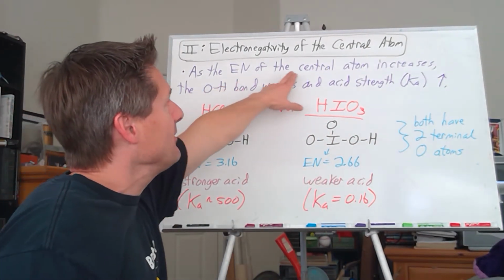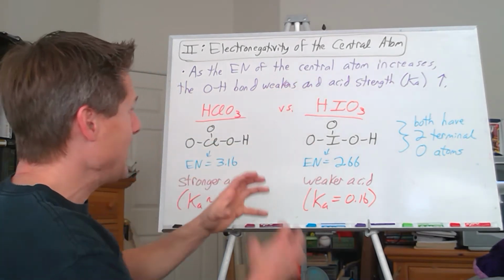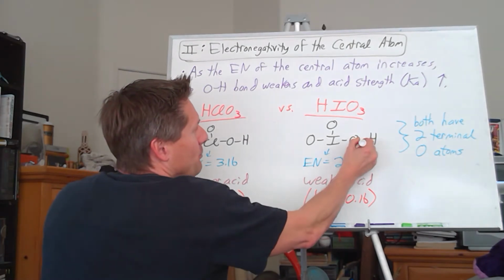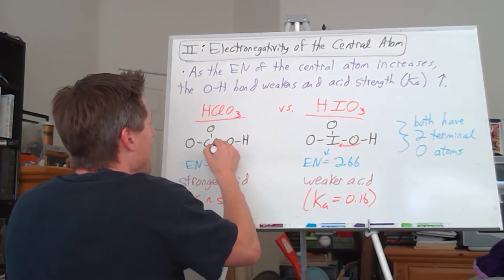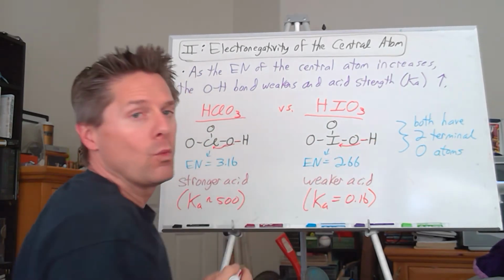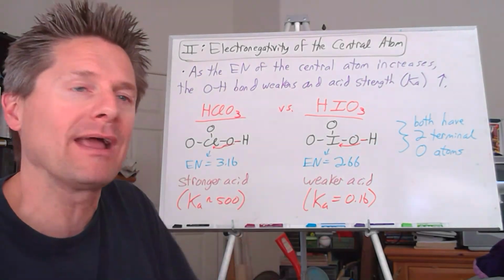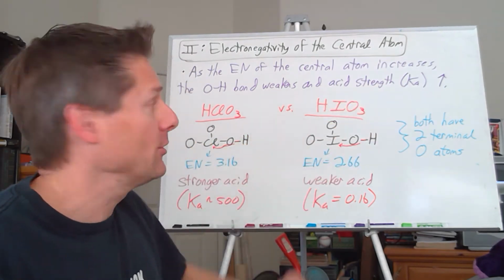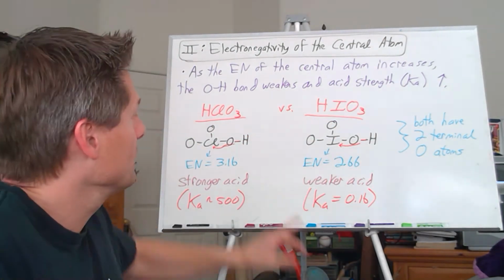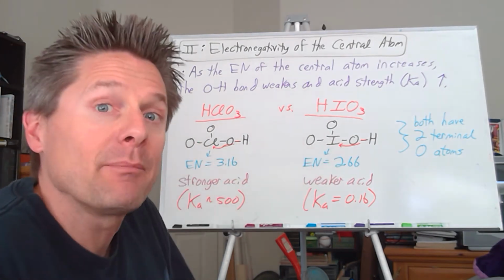As the electronegativity of that central atom goes up, it pulls the electrons away, right? It's pulling electrons away from this OH bond here, and it's weakening that OH bond. It's polarizing it, which makes that hydrogen easier to pop off and a stronger acid. So as the electronegativity of the central atom goes up, it's a stronger acid.